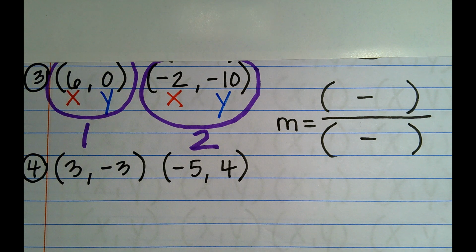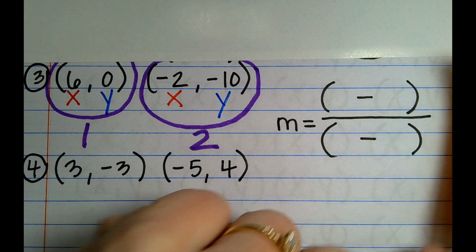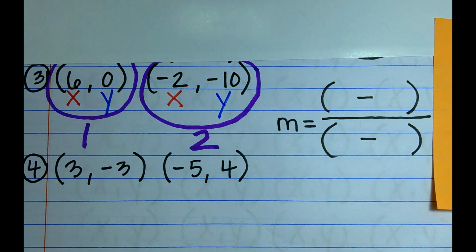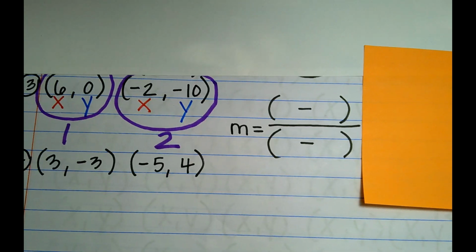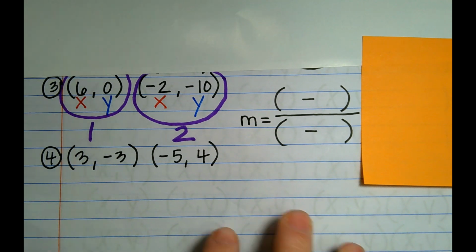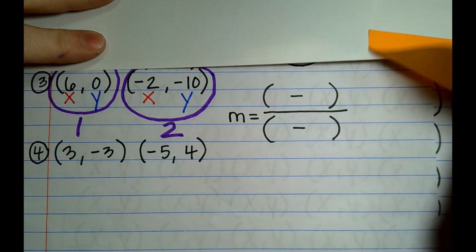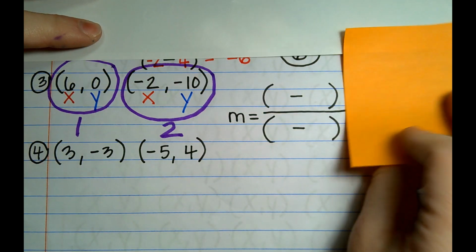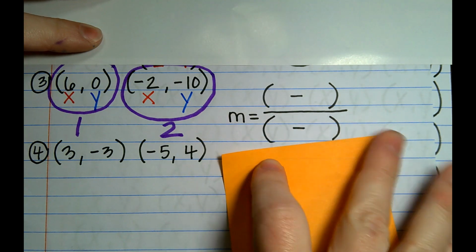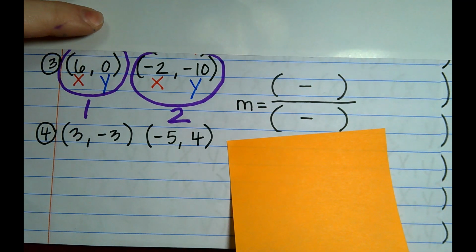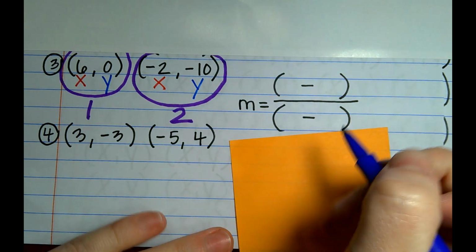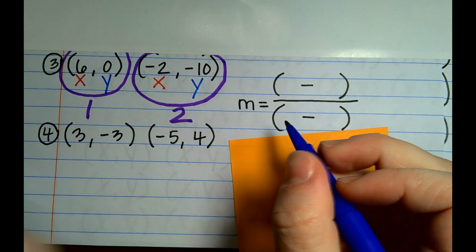Okay, now I am going to write my formula on a sticky note just so I make sure I'm putting the right letter in the right spot. Let's see. Oh my goodness. Okay. All right, now what comes first in the formula? Y. It will be Y, yes.